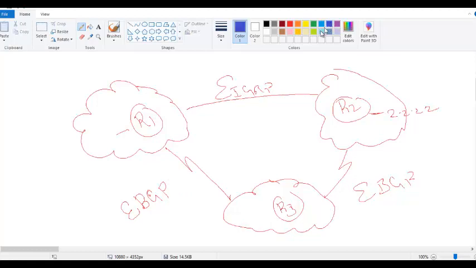Listen. Router 1 has 2 sources learning 2.2.2.2. It learns from EIGRP. It also learns from EBGP.